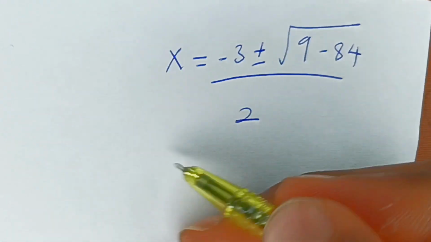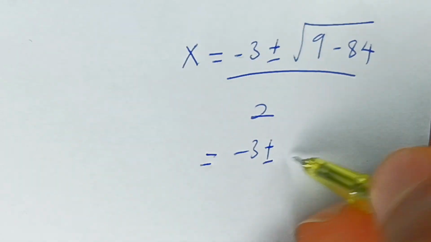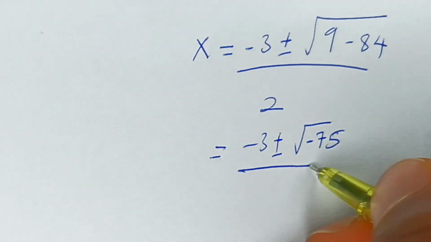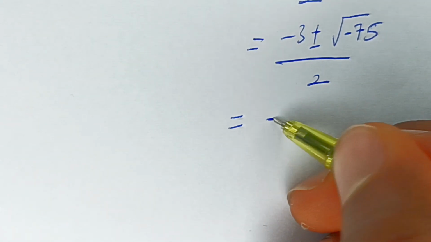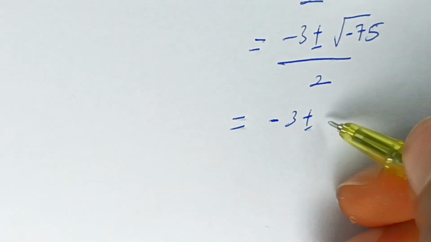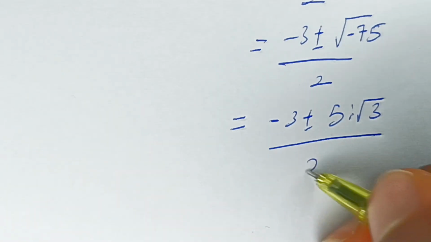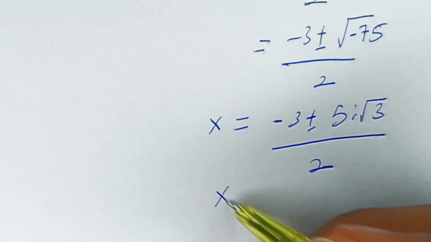From here this will become (−3 ± √(−75)) / 2. This is equal to (−3 ± 5i√3) / 2, as we had before. So this is our x. I recall that we also got that x = 6.